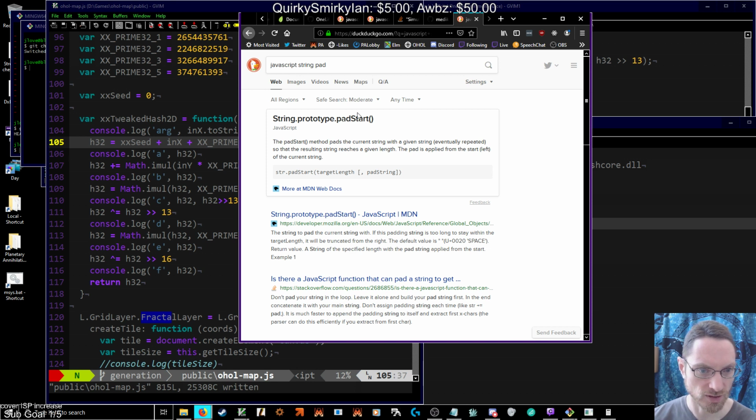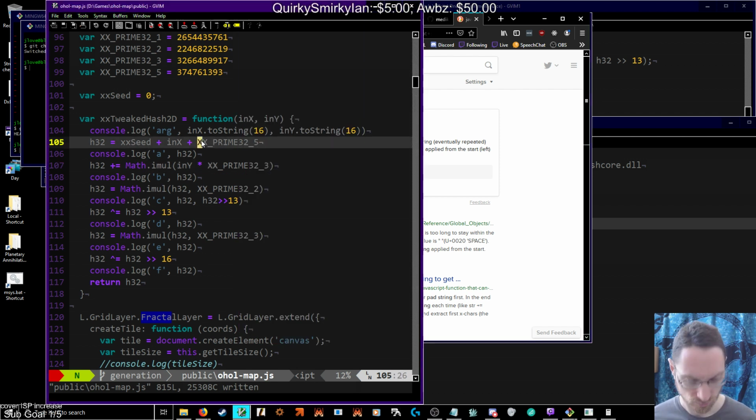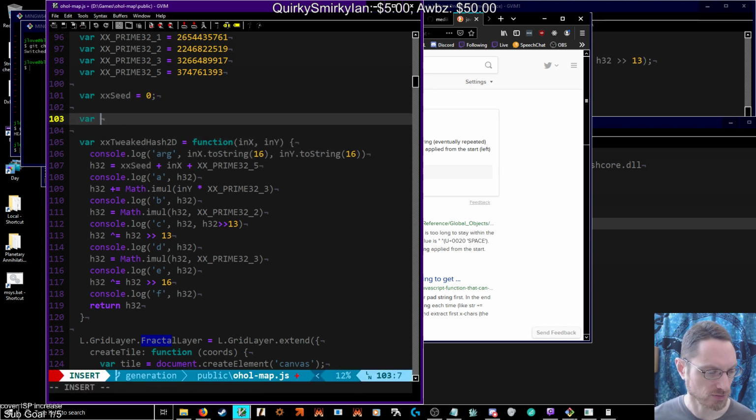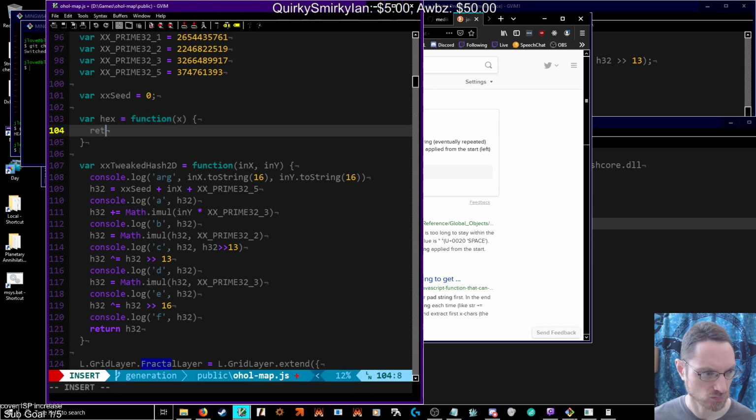Reaches a given length. Well, that's just annoying enough. Pad start out to 8 with 0.